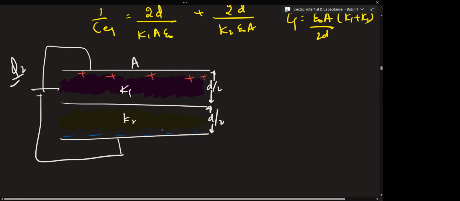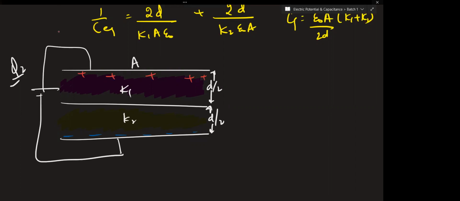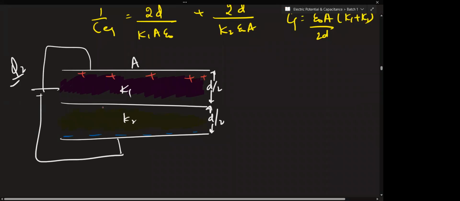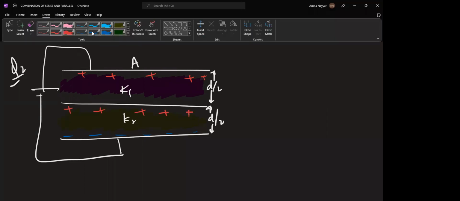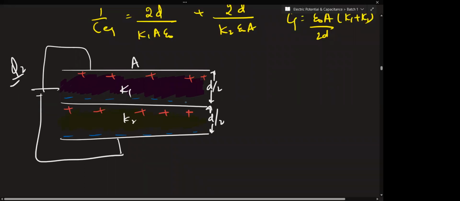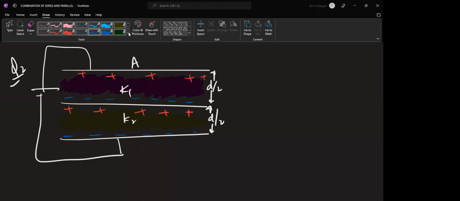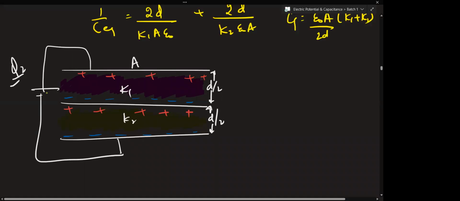Now, if you remember induction, when we discussed it in the first class, what happens? Charges get induced. So if this is negatively charged, this side will automatically become positively charged. Similarly, this side will become negatively charged because of induction. But majorly what you have to remember is that they are now connected in what? Series or parallel?